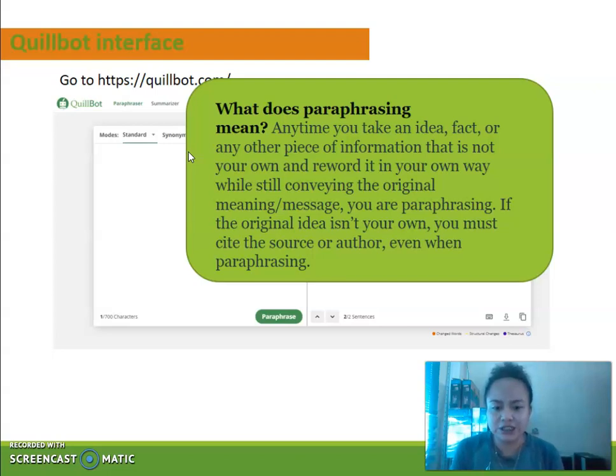We use this commonly in research because we collect ideas from different authors and we want to convey that same idea in our research, then we need to paraphrase to avoid being detected as copyright, or even though we cite the name of the author, we need to paraphrase it in a way that connects with our current research.